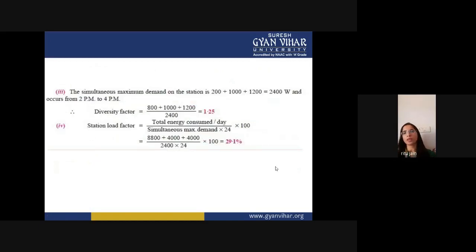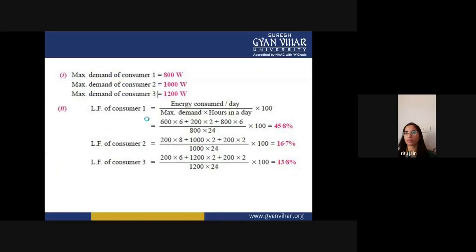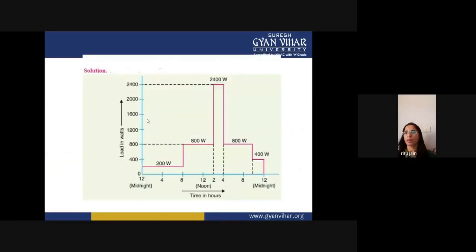Now we come to the next point, diversity factor. Diversity factor can be calculated. I have already told the formula, that is your sum of individual maximum demands upon maximum demand of the station. The maximum demand of the station, you can check, is 2400 watt.